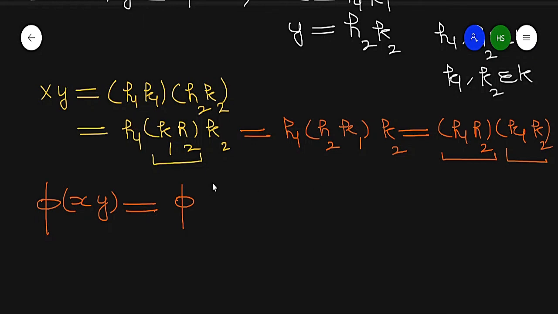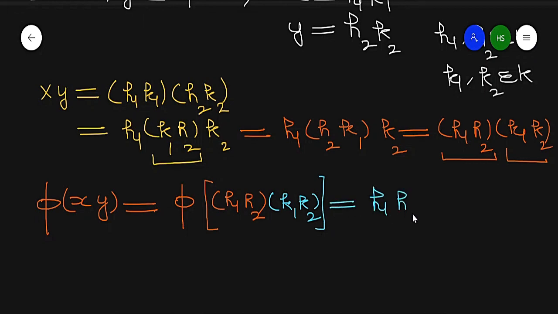Now substitute its value. So this value is h1 h2 into k1 k2. Now this mapping goes to the element of H, so this will become h1 h2.